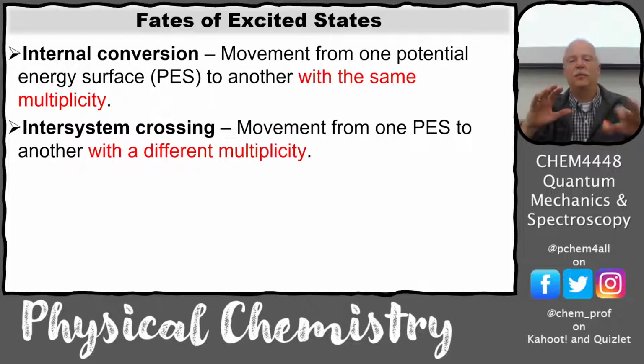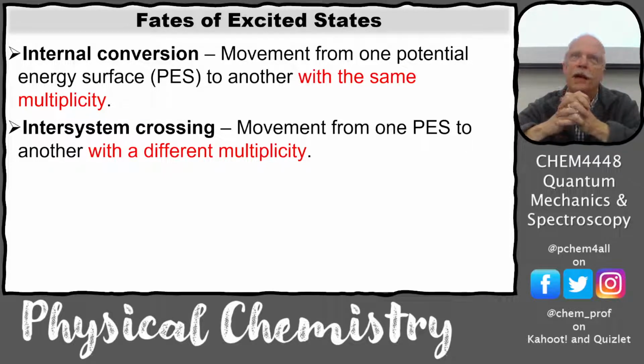If the multiplicity is different in those potential energy surfaces, then it's called intersystem crossing. So this is the vocabulary of discussing this non-radiative relaxation, where the molecule is moving from one potential energy surface to another.